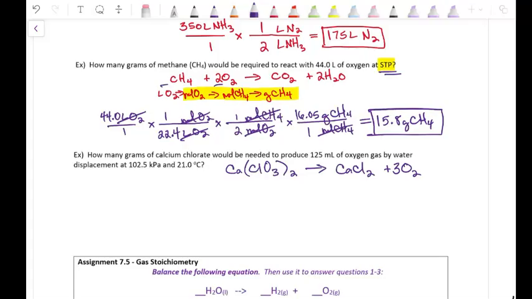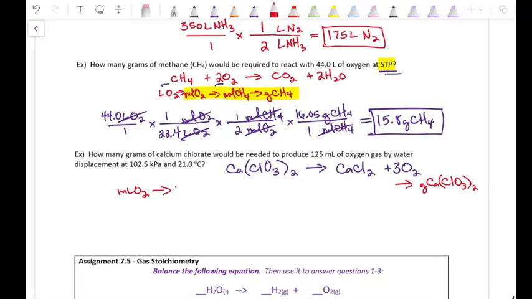Okay, so in terms of our plan, we are starting with milliliters of O2, and we're trying to get to grams of calcium chlorate. So we can plan in either direction.